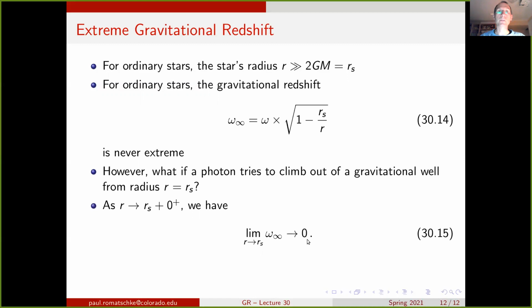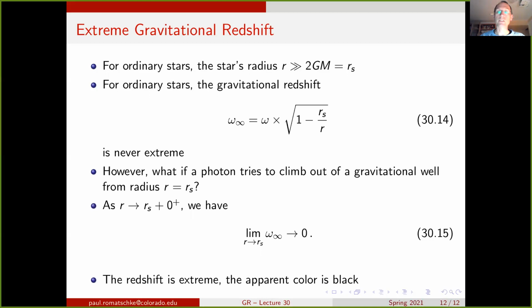What does that mean? Well, if you have a frequency that's 0, that's an extreme redshift. It's shifting so far into the red that it first goes to infrared, then further down to radio, and eventually you find that for a photon emitted from r equal to the Schwarzschild radius, the frequency is zero, and such photons are basically black.